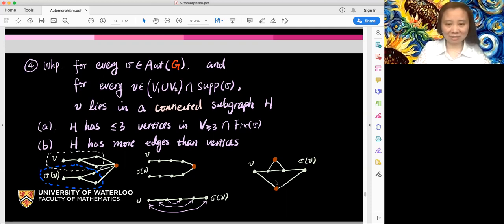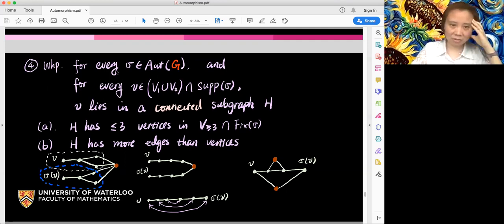But the situation is there are so many cases that it's almost impossible to do case-by-case analysis. And that explains why we have statement 4 here. It's just trying to get a statement that's clean enough, that's not too messy.